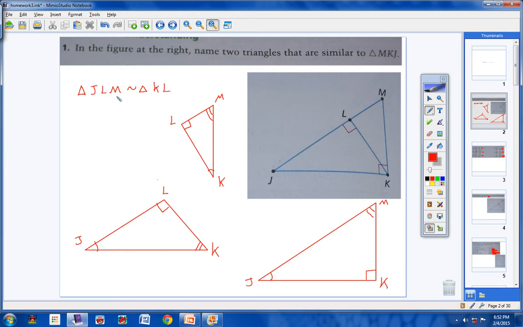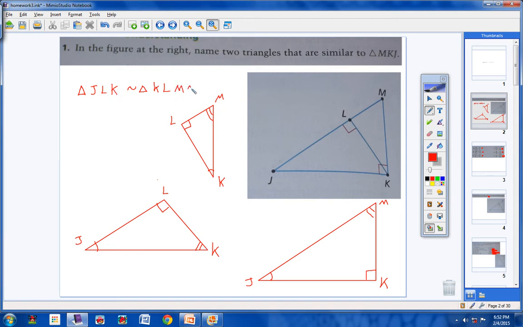My last letter's M. It has 2 marks. M has 2 marks. No, I'm sorry, that's not correct. I said JLM, and this should be, sorry students, this should be JLK. This should be a K right here. Okay, so K has 2 marks, and M has 2 marks up here.